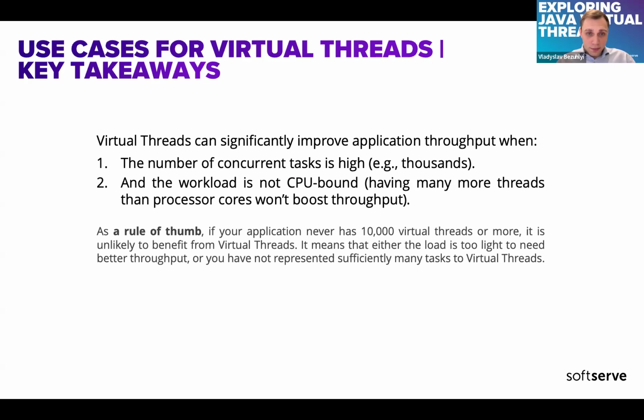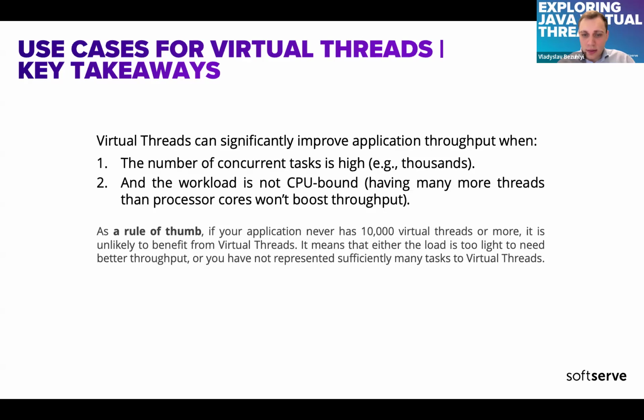But it can mean that either the load is too light and doesn't need better throughput actually, or you have not represented sufficiently many tasks to virtual threads. And the second one, the workload is not CPU bound. So in this case, having many more threads than processor cores won't help the throughput.